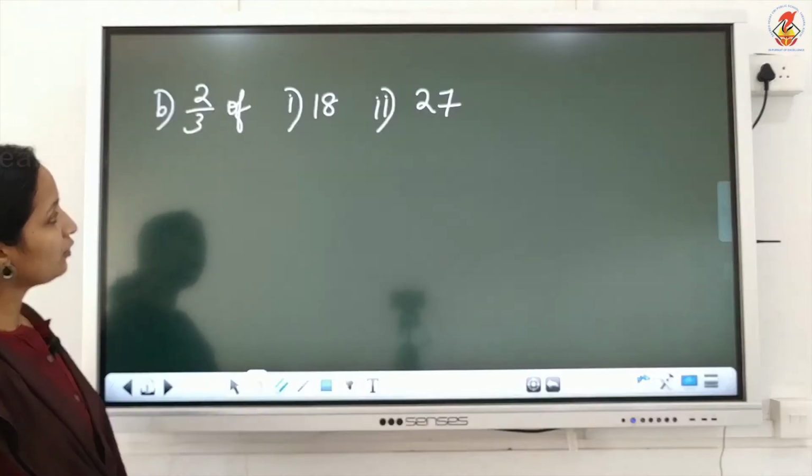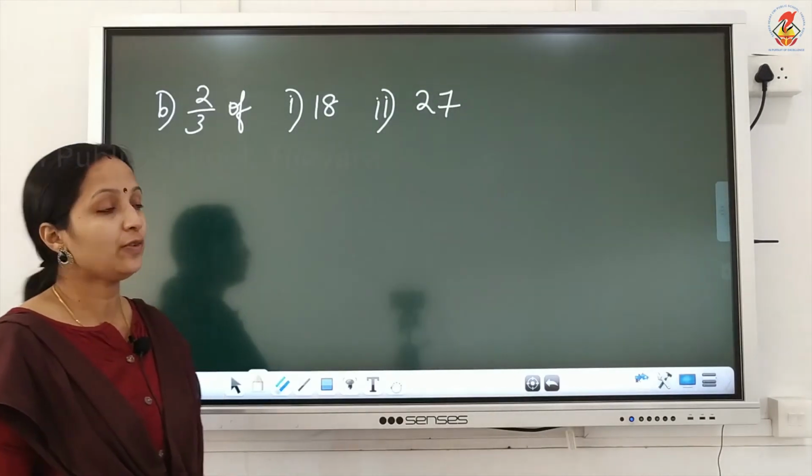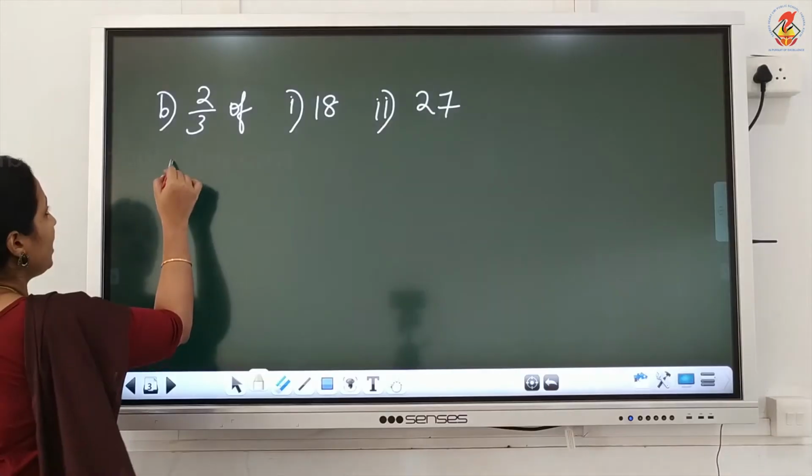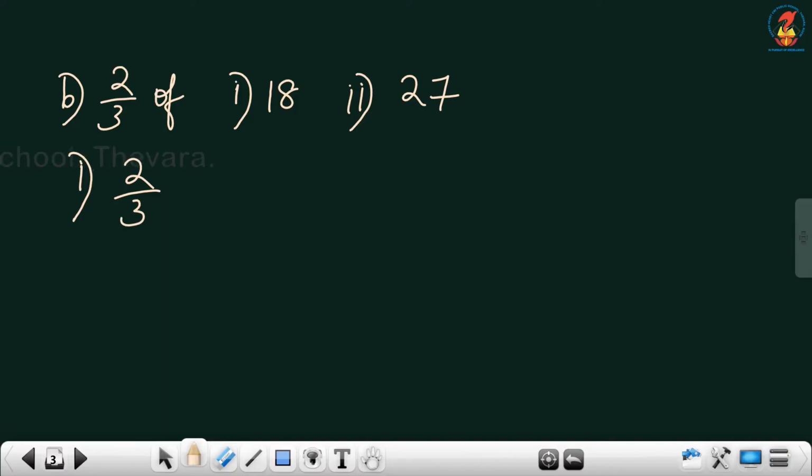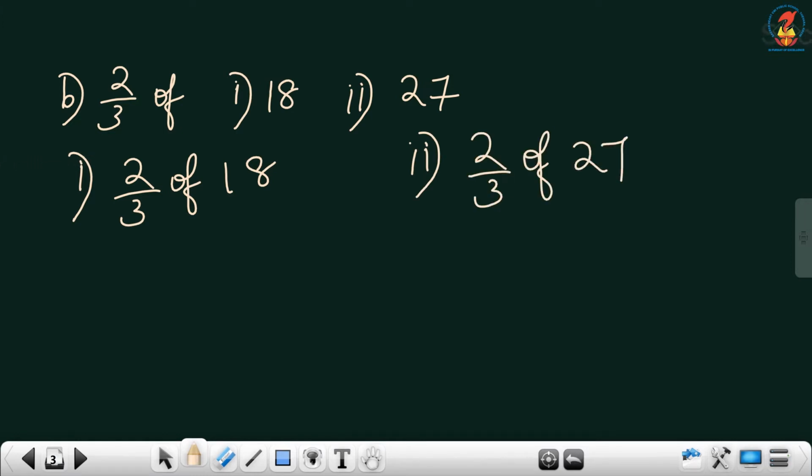Now the next question. 2 by 3 of 18, and second part, you have to find 2 by 3 of 27. Clear children? Now I already told you, of represents multiplication. So 2 by 3 into 18.